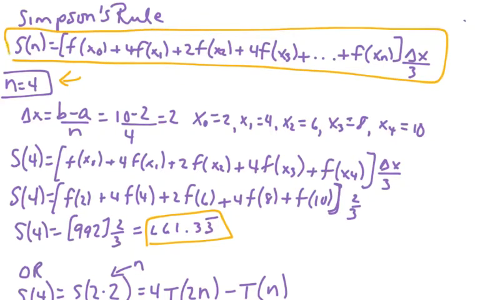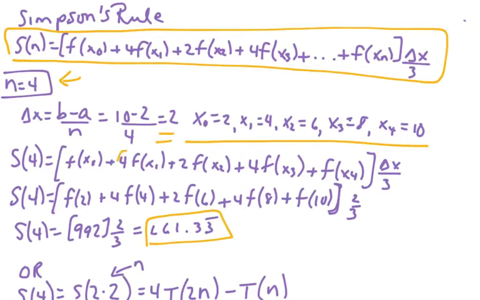Okay, and then you just find your delta x, which is 2 when n equals 4, and then you've got your x sub k values, and substitute into the formula f of x0 plus 4 f of x1 plus 2 f of x2 plus 4 f of x3 plus your last is just f of x4.